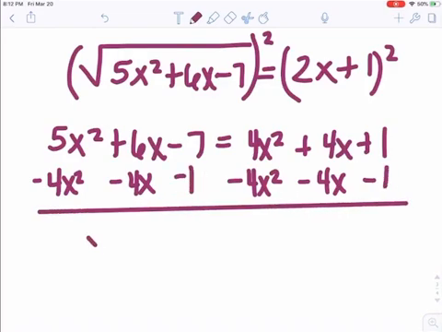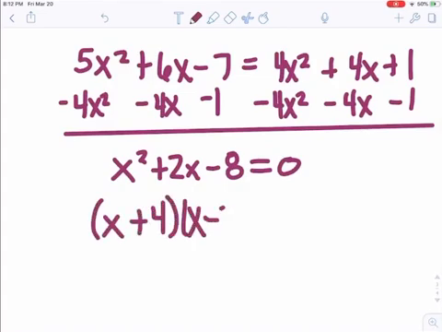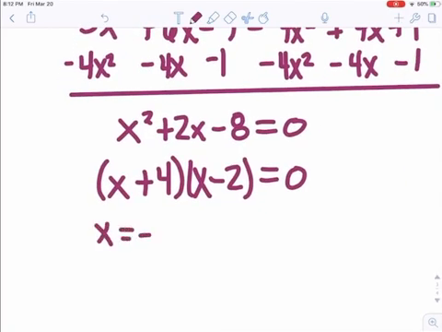And we get x squared plus 2x minus 8 equals 0. So I get x plus 4, x minus 2 equals 0, x equals negative 4, x equals 2.